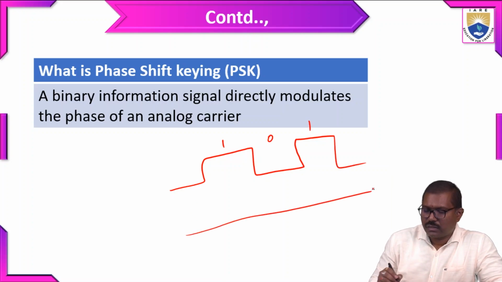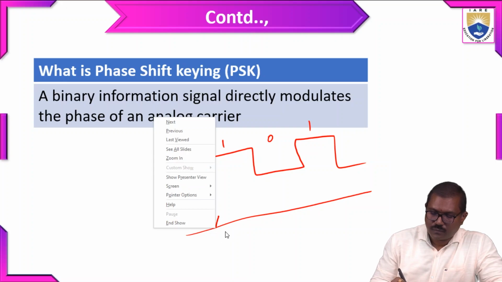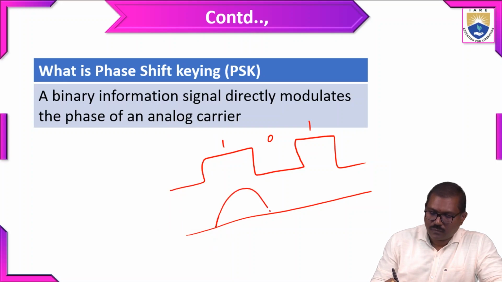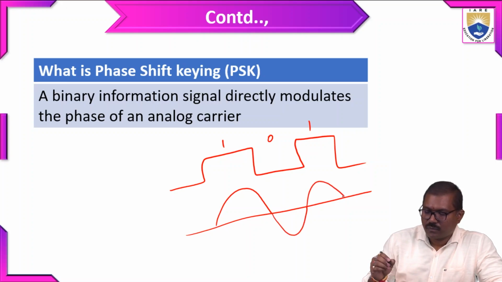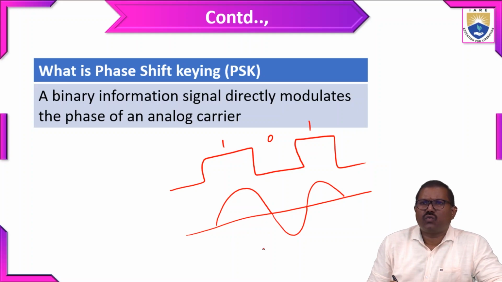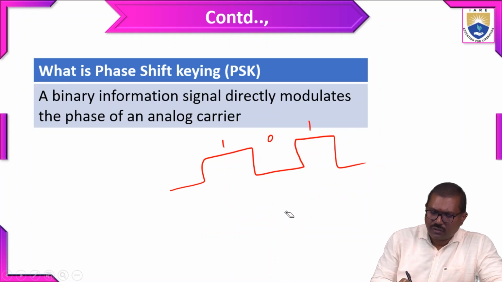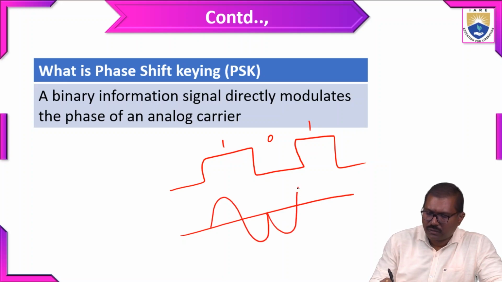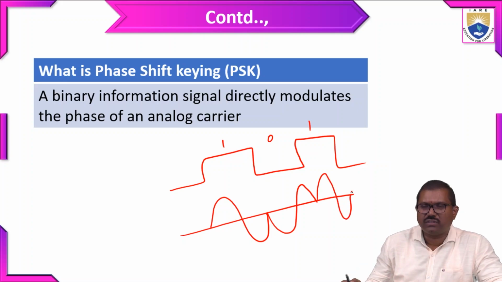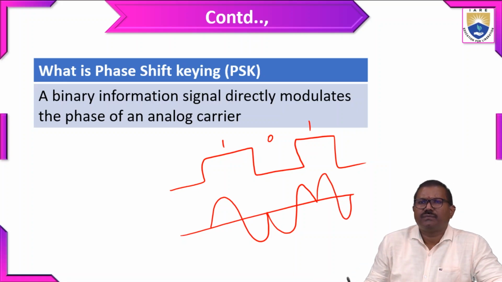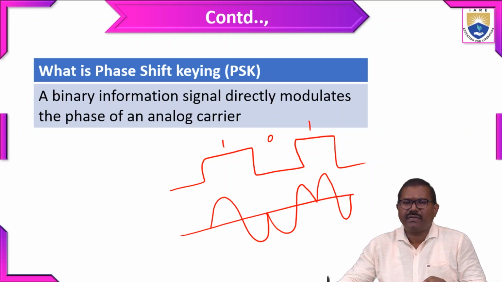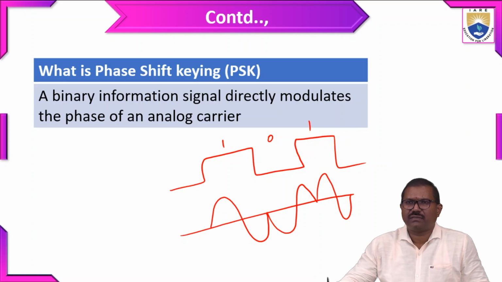So here I am giving two different phases, or as in the previous one, we can show the full signal, no problem. So here we can see symbol 1 having one phase, symbol 0 having another phase.